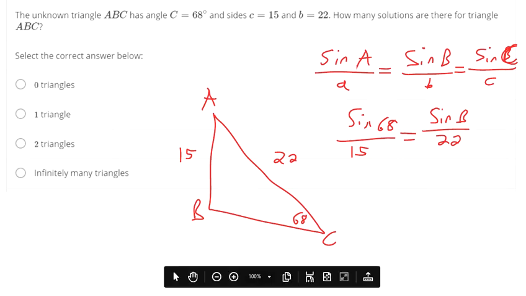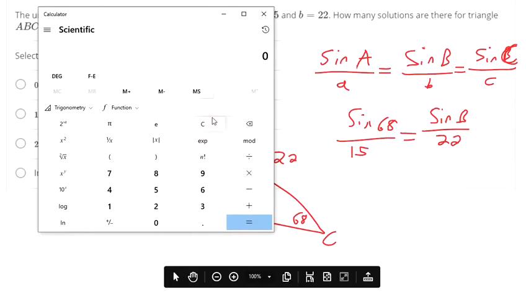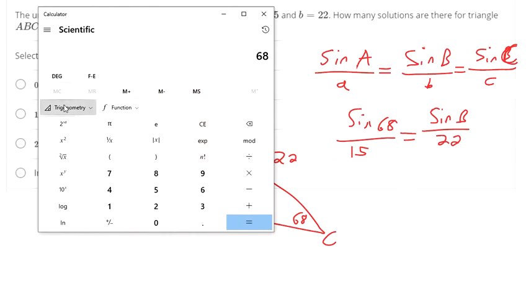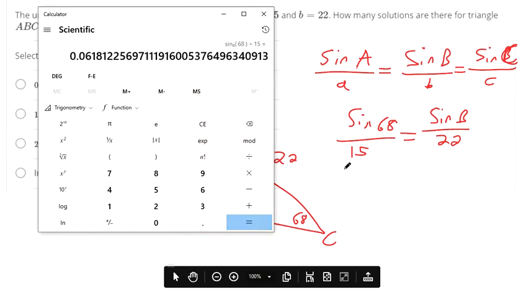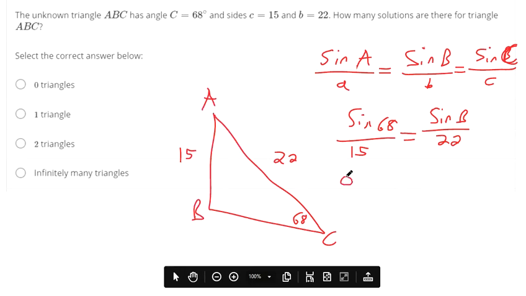And so to solve, we could bust out our calculator, keep it in degrees, and then type in 68, trig sine for the top, that's 0.927 divided by 15. So the left side is 0.0618.